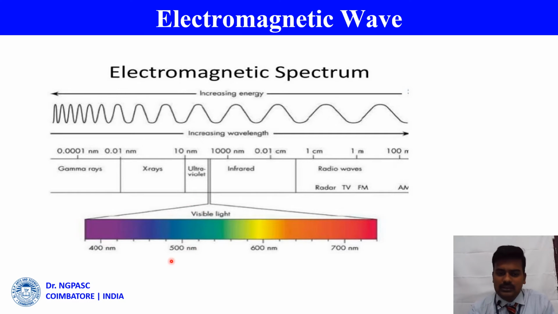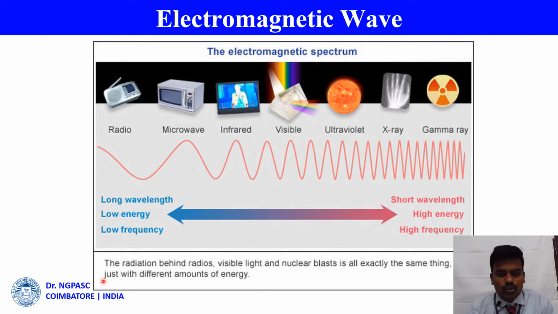Here each color has a different wavelength, and we know the visible light region is from 350 nanometer to 750 nanometer. I already told you that radio waves, visible light, and nuclear radiation all exist as the same thing, but the difference depends only on the wavelength.